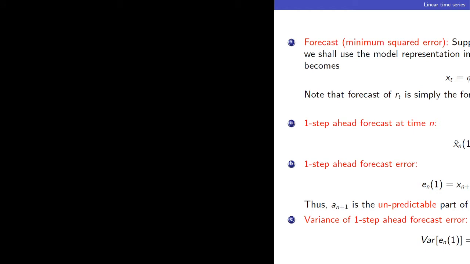Now, let's suppose we have our forecast origin, and for simplicity, we shall use model representation 1 and define our x_t as r_t minus mu. This is not r sub mu. This is r_t minus mu. In this way we can rewrite the model, and it becomes like this. So here, the forecast of R_t is mu plus the forecast of x_t, basically.